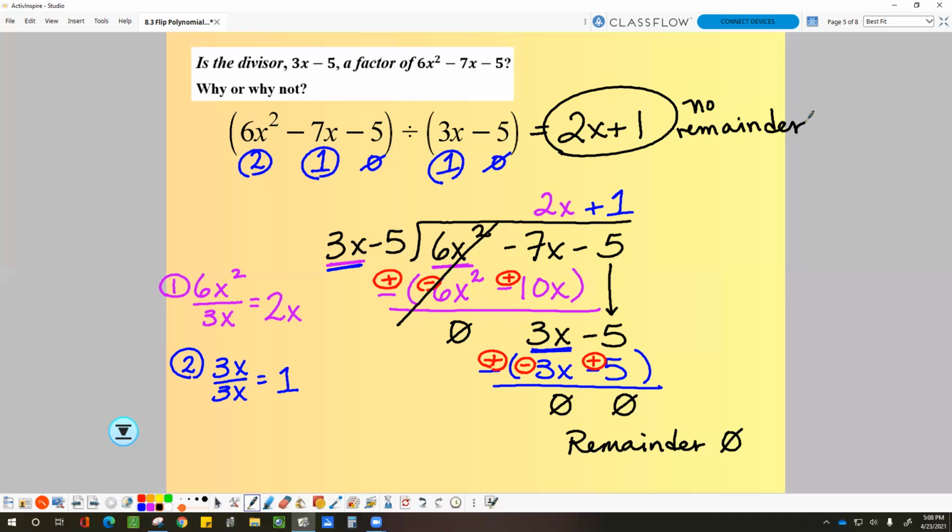And since there's no remainder, I can say that 3x minus 5 is a factor of 6x squared minus 7x minus 5. Let's look at another example.